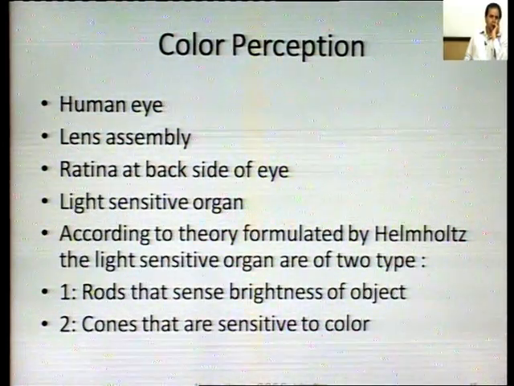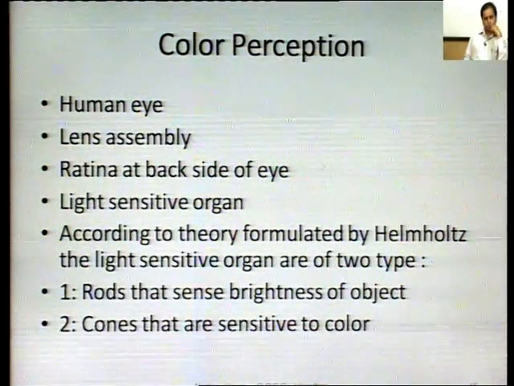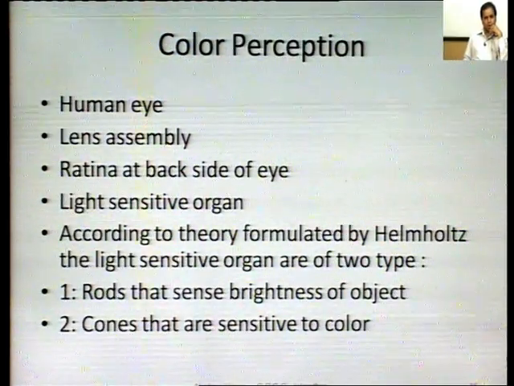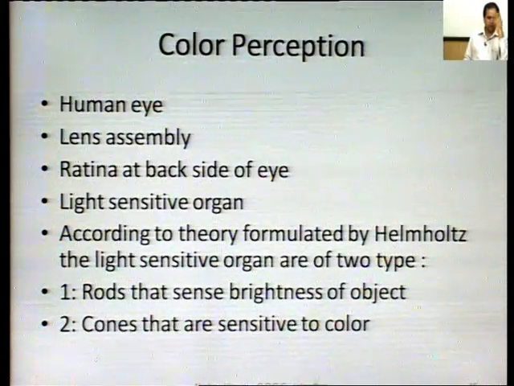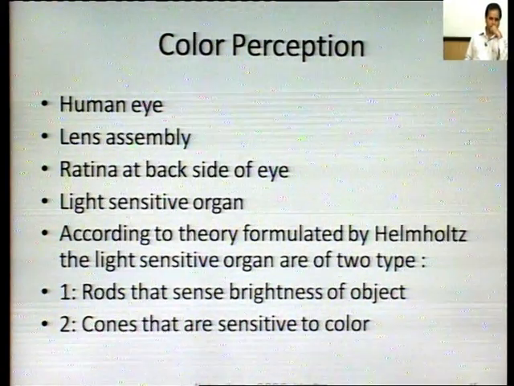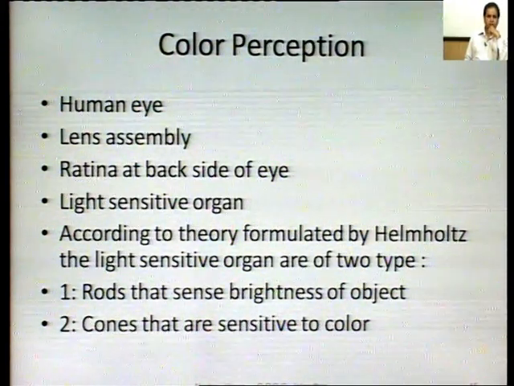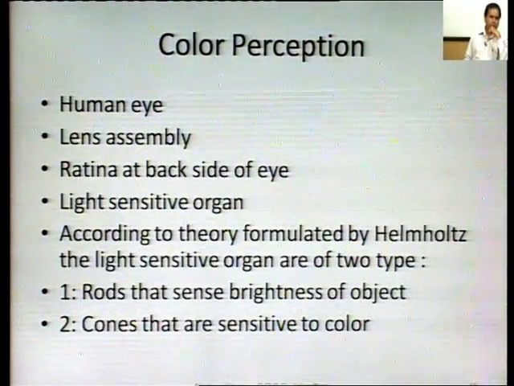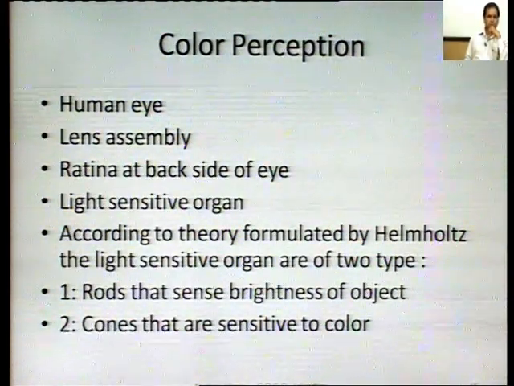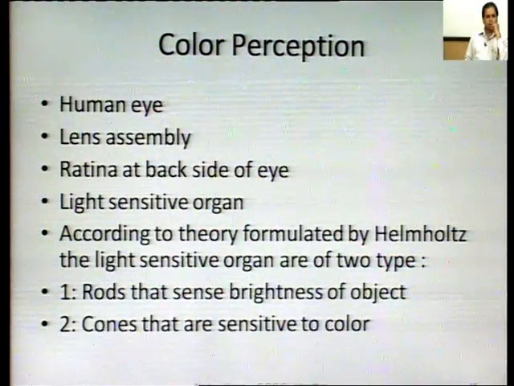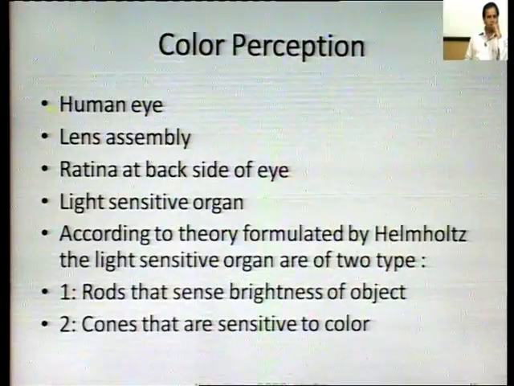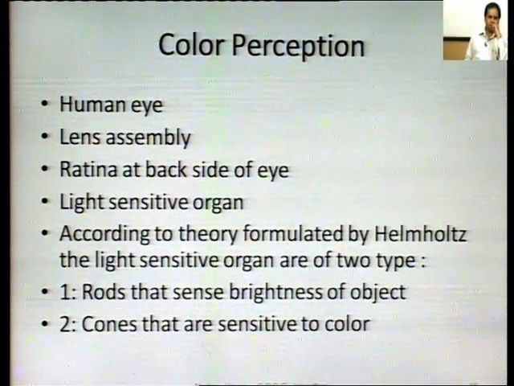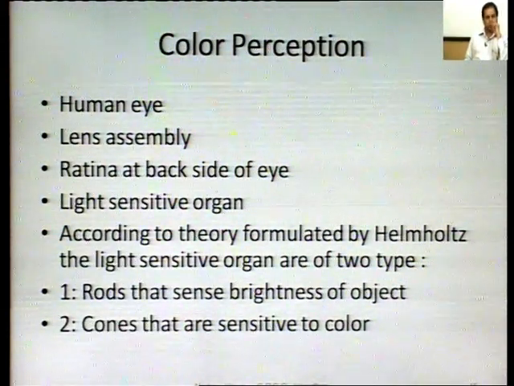Color perception: the following are some of the prerequisites for that. Human eye, so to see the color you require the human eye. Lens assembly is within that. Retina at the back of the eye has light sensitive organs. According to the theory formulated by Helmholtz, the light sensitive organs are of two types: rods that sense brightness of the object and cones that are sensitive to color.